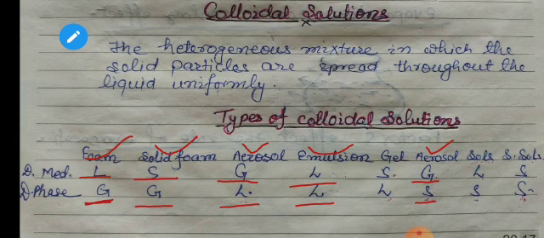Next is gel. If the dispersion medium is solid and the dispersed phase is liquid, that is called gel. After that, next is sol. If the dispersion medium is liquid and the dispersed phase is solid, that is called sol.